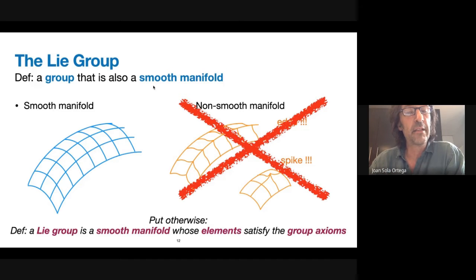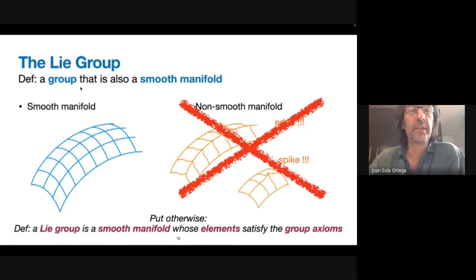I will not do that, because what I want to convey is the intuition and the vision of what it is. Okay, so this is a smooth manifold. These ones here are not smooth because they have edges or spikes. They have certain places where the derivative is broken. Okay, right?